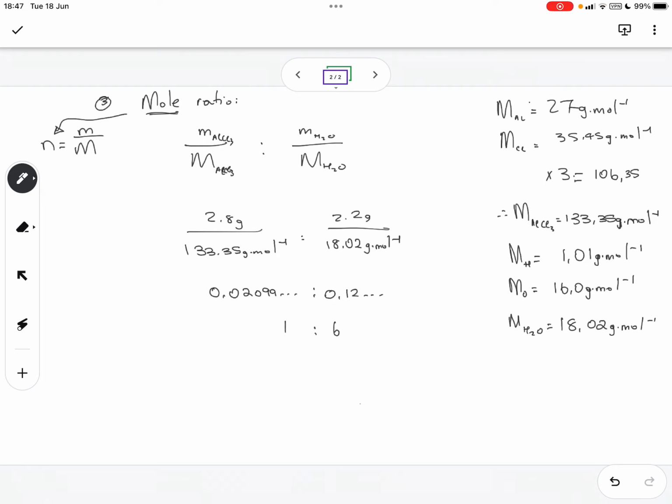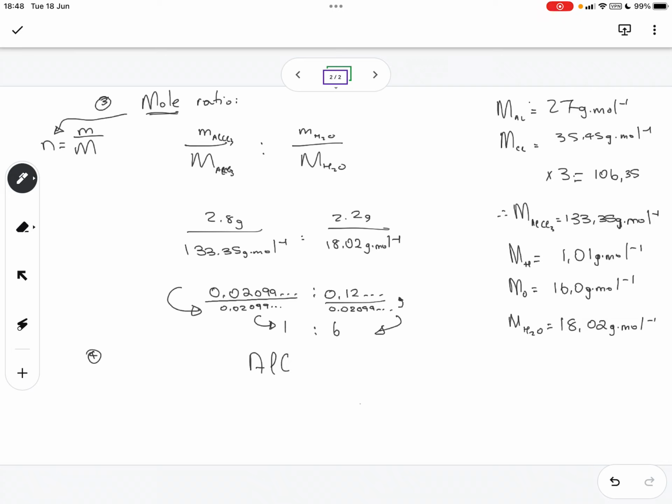So that means in that crystalline formula, let's say we divide here by 0.020. Then on this side, we'll get an answer 1. And on this side, this number divides into there 6 times.